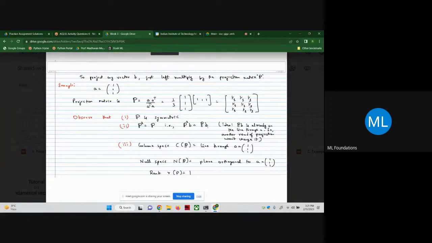So P squared times B will also be equal to PB. If a vector is already projected, even if you project it again two times, three times, it's not going to change the value.